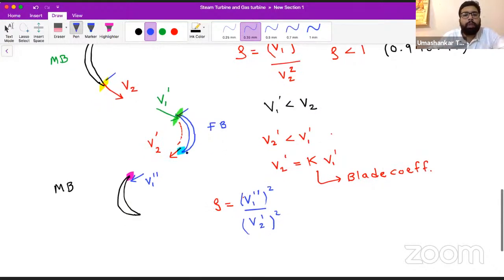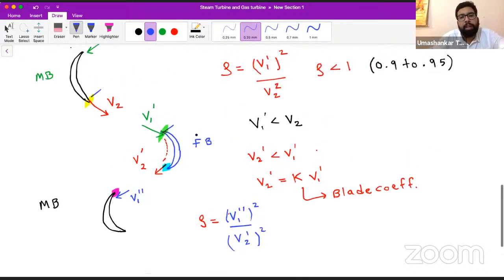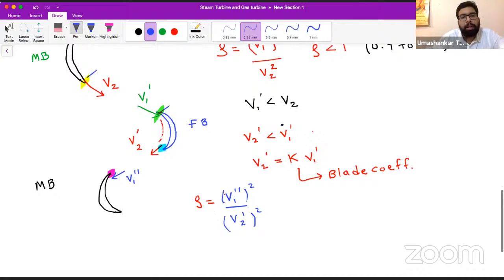So from this fixed blade, it exits with a higher velocity, but it does not reach the moving blade with that same velocity, but reaches with somewhat less velocity, and that is compensated by this carryover coefficient. So what we have from this discussion, it might have been understood to you.